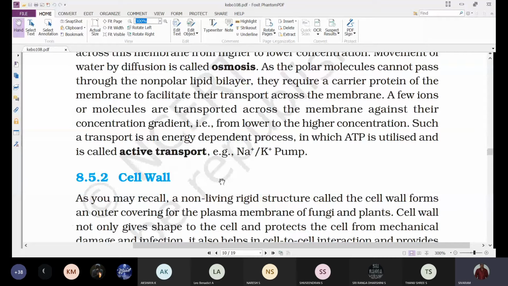Simply, you can run down. That is from a higher concentration to lower concentration. Here, no need of spending energy. That is called downhill transport. Passive transport is a downhill transport, whereas active transport is the uphill transport. Like that we can compare. That is about this cell membrane.